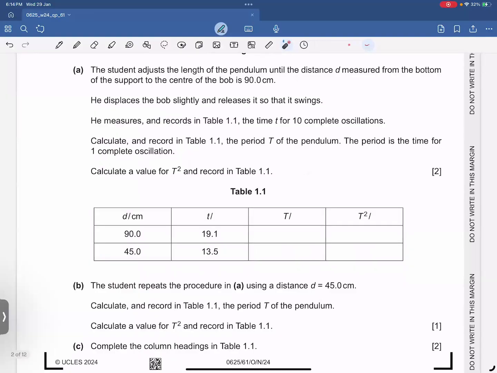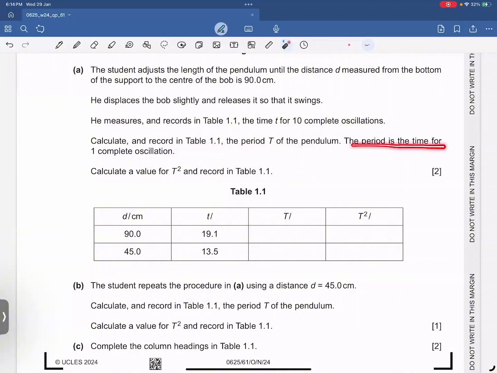The student adjusts the length of the pendulum until the distance d, measured from the bottom of the support to the center of the bob, is 90 centimeters. He measures and records in table 1.1 the time for 10 complete oscillations. He calculates and records in table 1.1 the time period t.